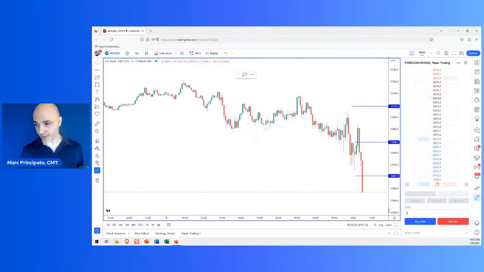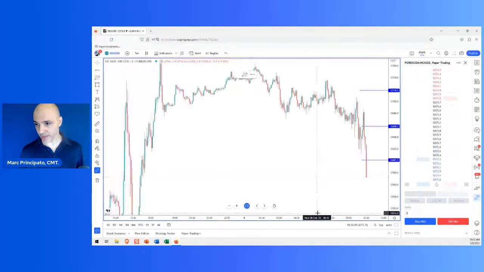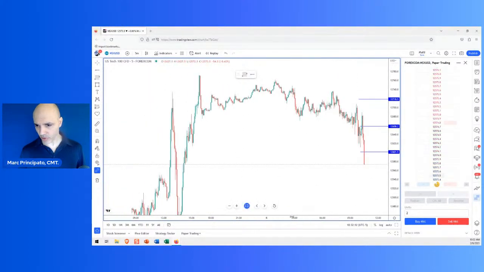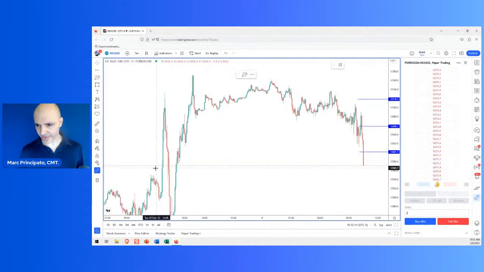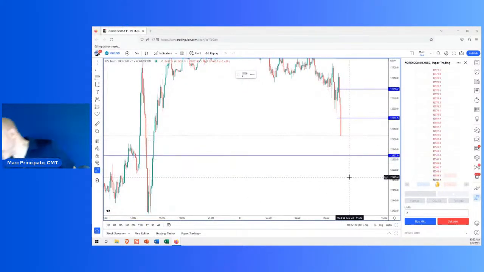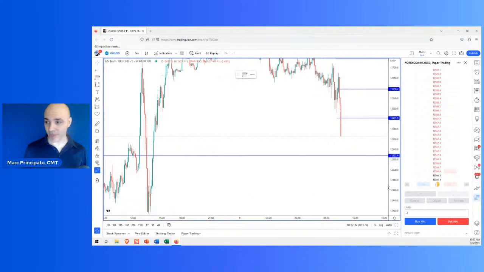Now the question is, where's the next support? Let's check the NASDAQ, right? Where is the next support on this thing? Let's see, because it's breaking now. It shouldn't be doing that if it was strong. Let's see if I can find an old resistance. We have one around here somewhere, right? That's the next support on this thing. That's 12,527.